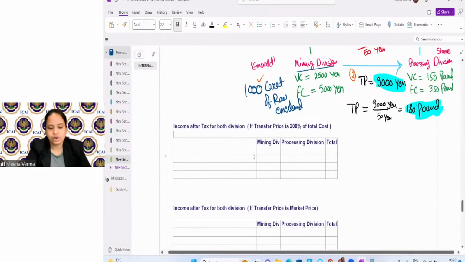So we have to calculate it in both the currencies also.